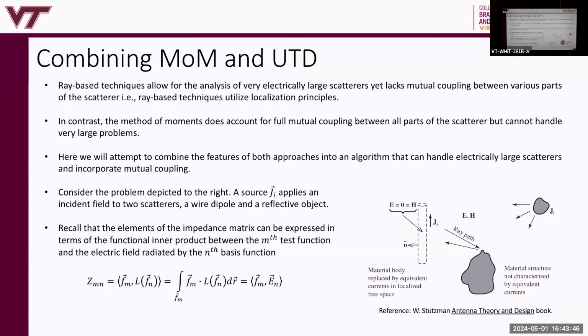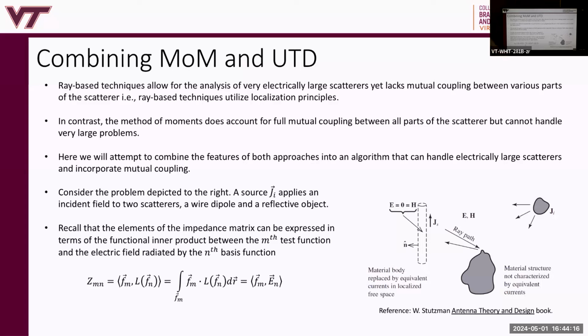Ray-based techniques allow for the analysis of very electrically large scatterers, yet lack mutual coupling between various parts of the scatterer, i.e., ray-based techniques utilize localization principles, meaning that I discretize the wavefront into small sections, and I allow a ray to carry each section of that wavefront to the scatterer, and I calculate the local reflection only from the wavefront that's locally around that ray, right?